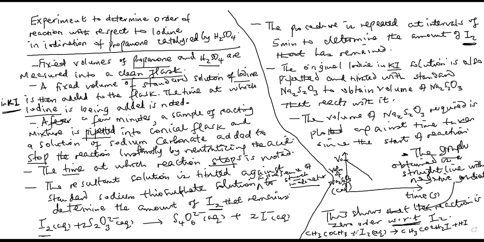That is done for some time so that you get an accurate value by taking the average. Then the original iodine in potassium iodide is also titrated with the sodium thiosulfate so that you determine the volume of sodium thiosulfate that reacts with it. After which you plot a graph of volume of sodium thiosulfate against time that has elapsed. The graph will produce a straight line with a negative gradient, showing that it is zero order with respect to iodine.